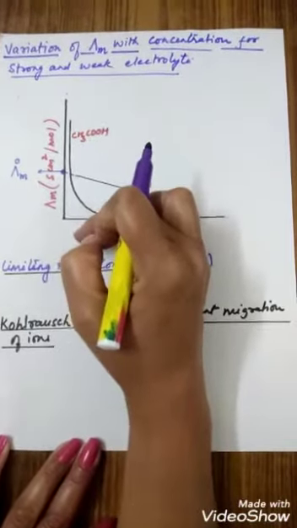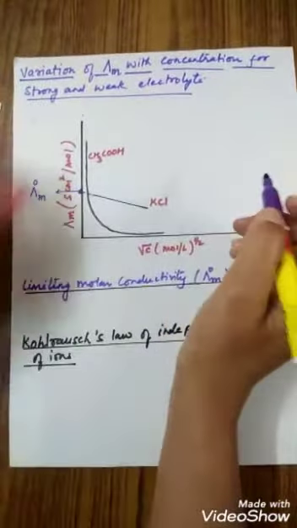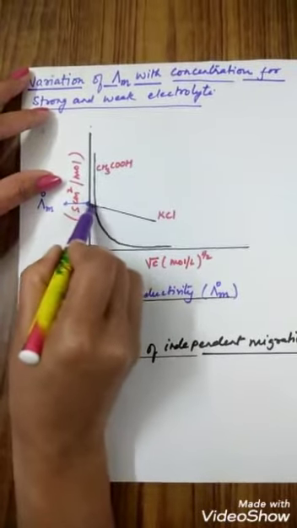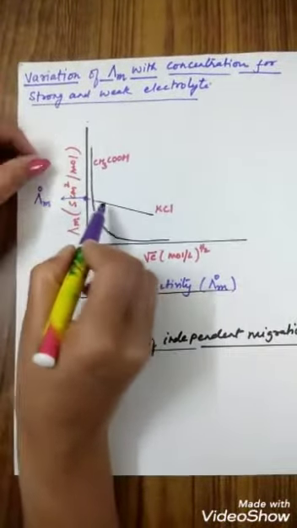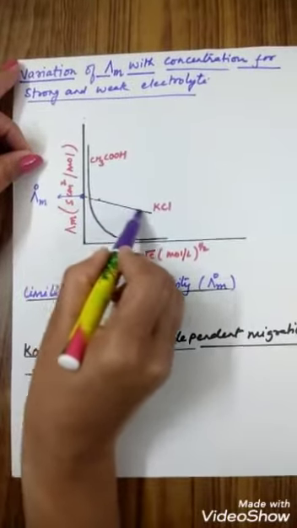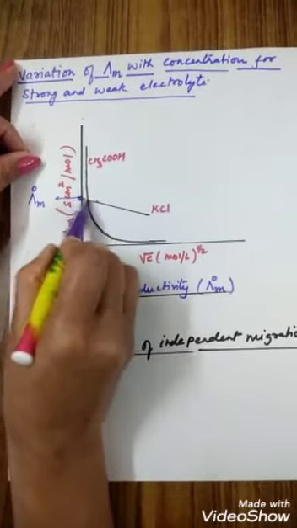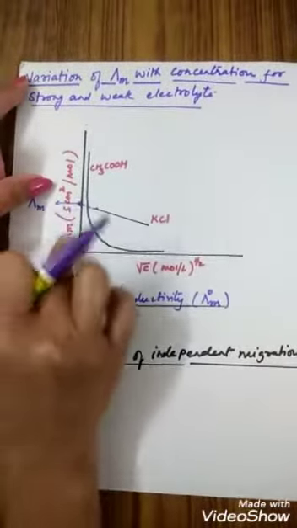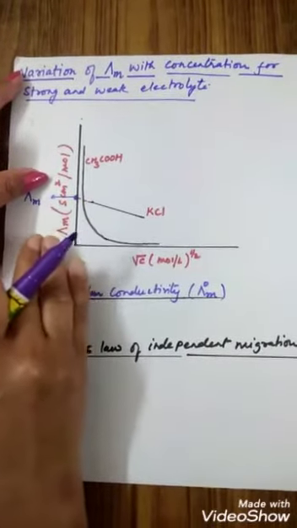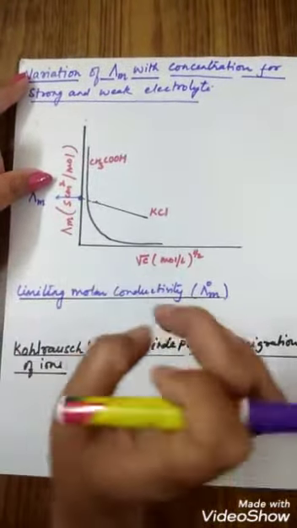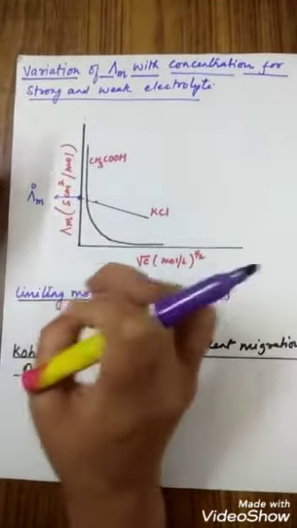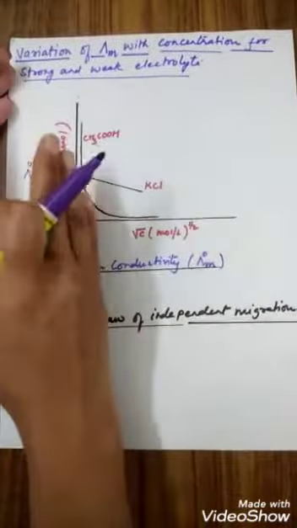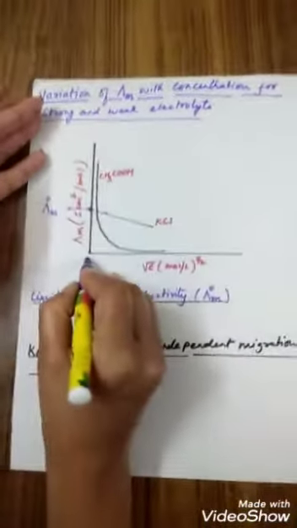Now, if you see, then you will find that I have extrapolated this curve. Extrapolation means that I have drawn this black line and then the dotted red line. It means practically it is not possible to find molar conductivity at very low concentration, because the conductometer, which is a device which measures molar conductivity, does not give a very clear reading when the concentration approaches almost zero.